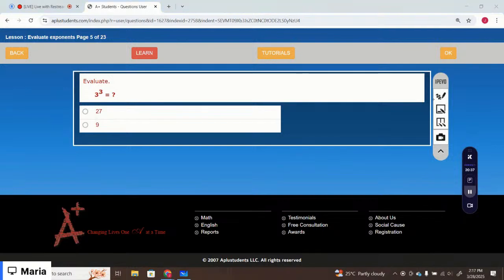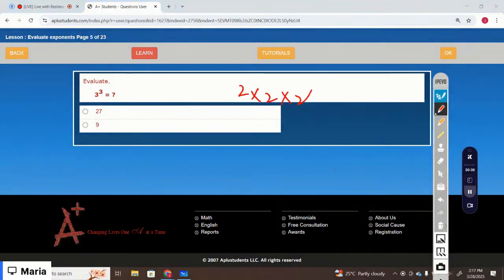Evaluate 3 exponent 3. 3 times 3 times 3. 3 times 3 is 9 and 9 times 3 is 27.